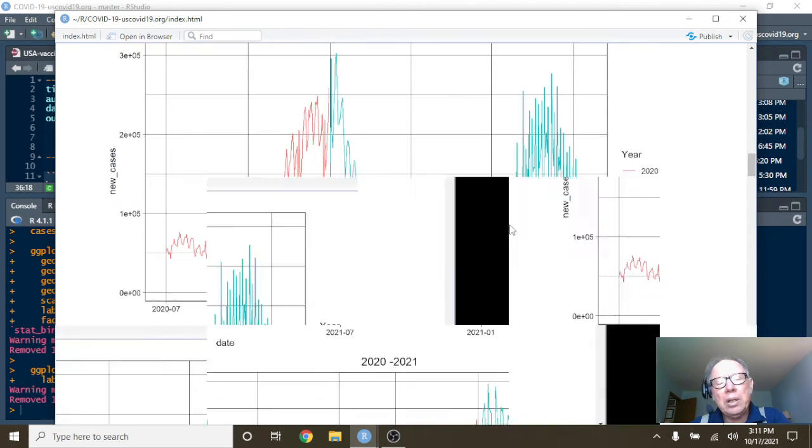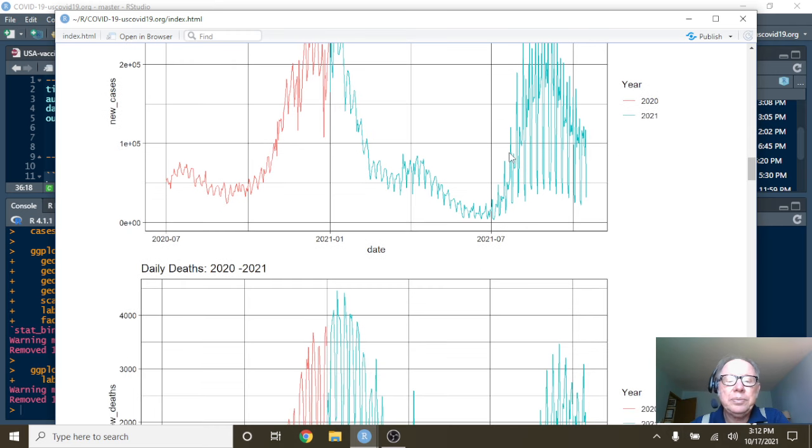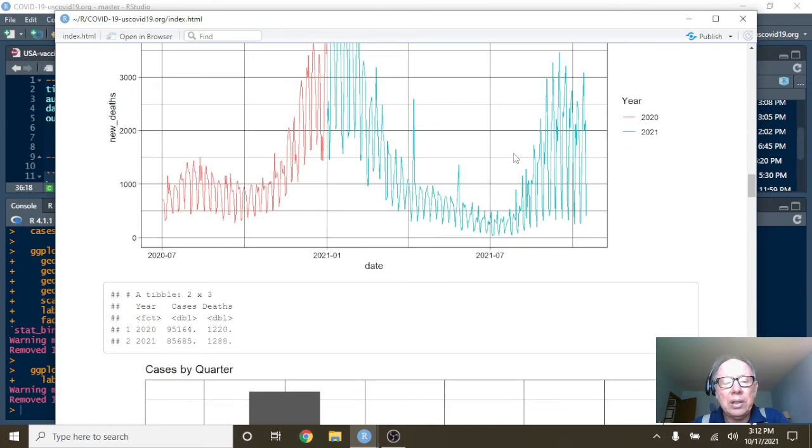Now, if we come here and look only at July to July, the 12-month period ending July 2021, you see an increase in the fall and a decrease in the spring. And now the fall again, the numbers started to climb, but now they're starting to decline again. Same with deaths: an increase in the fall, a decline in the summer, and an increase in the fall again.